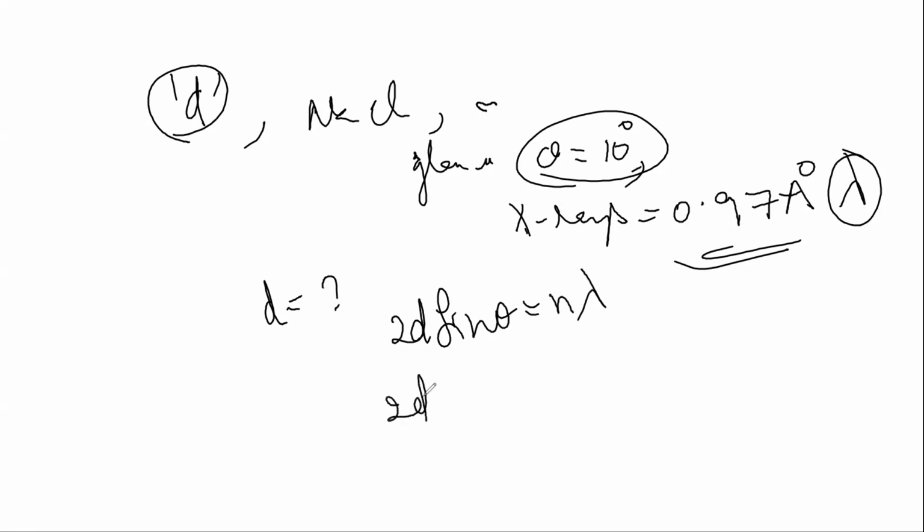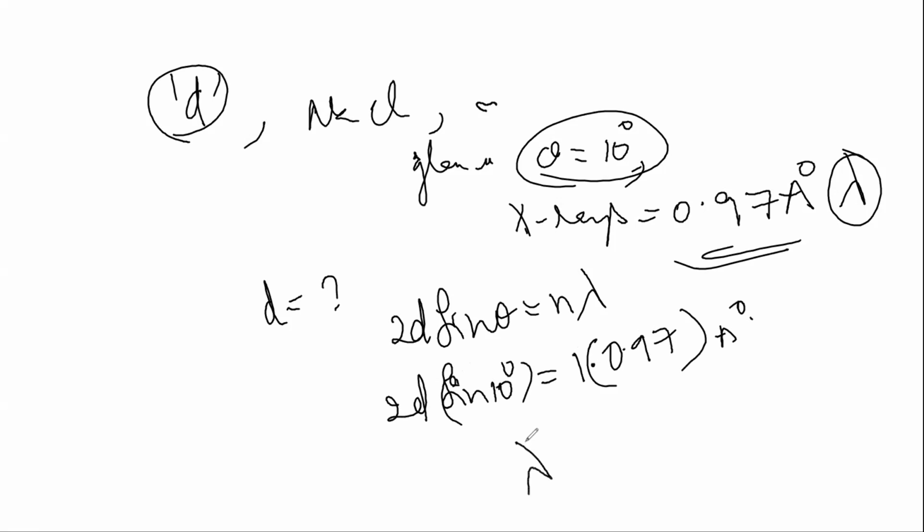Okay, 2d. What is sine 10 degrees? We have to calculate sine 10 degrees equal to n into lambda, 0.97 angstroms, for NaCl crystal. Now what is D? This one by sine 10 into this one.